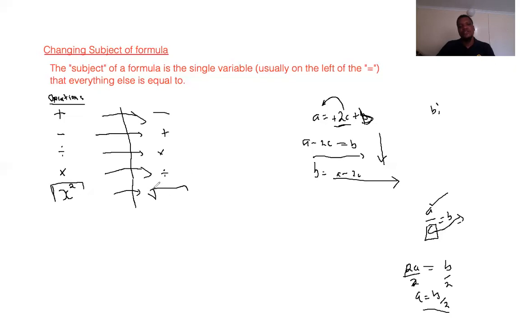So a square, when it jumps across the equal sign, becomes a square root on the other side. And if you had a square root, when the square root jumps across the equal sign, it becomes a square on the other side, becomes a power. Whatever is there becomes a power.